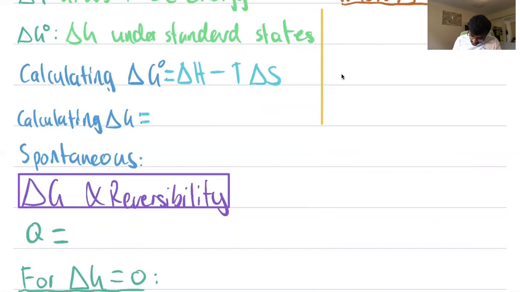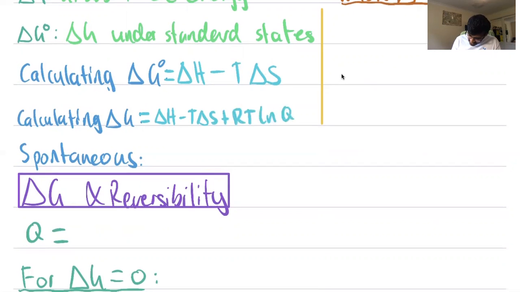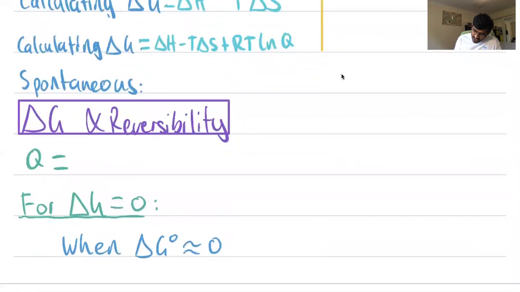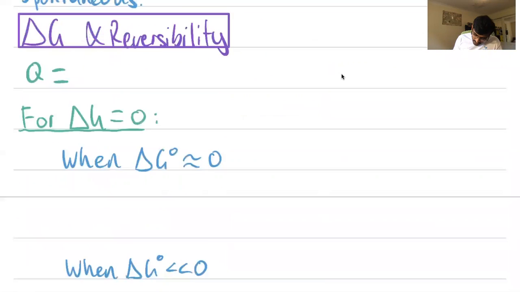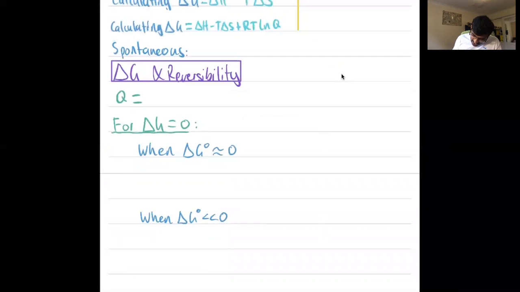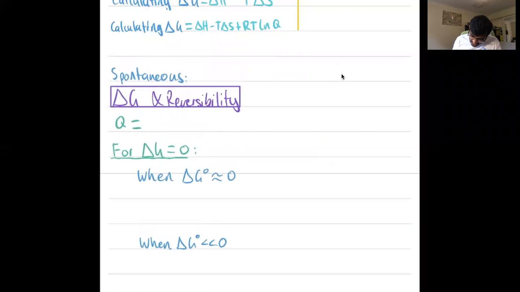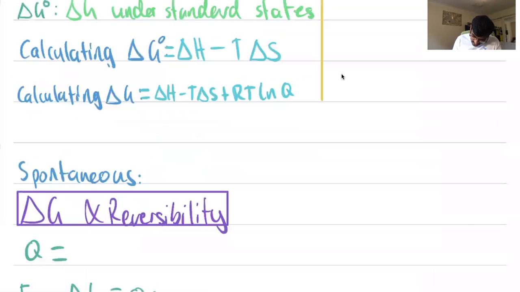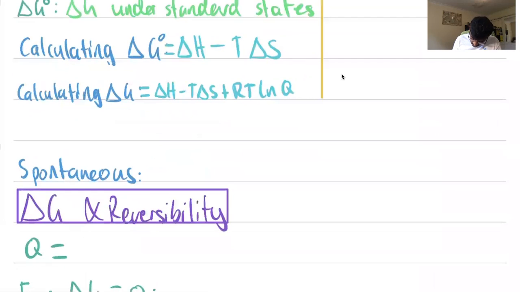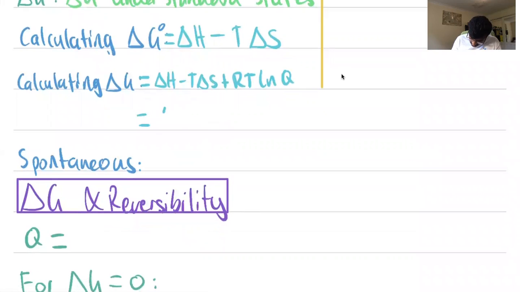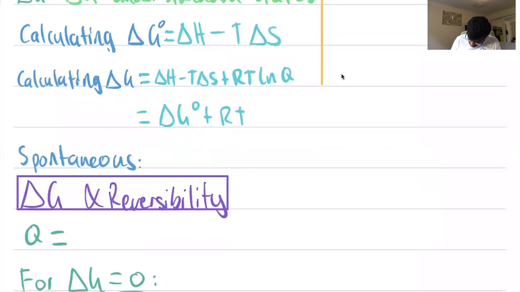It's equal to delta H minus T delta S plus RT ln Q. There's a little bit of an extra part here, and I'll explain what this means. We can also think about that as just equal to delta G naught plus RT ln Q.